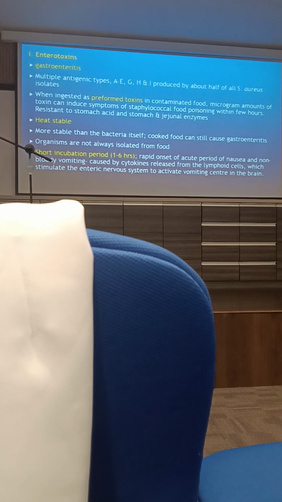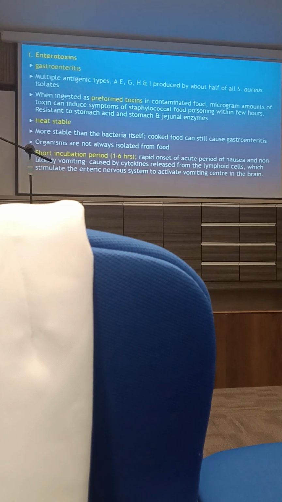But once it sits on your kitchen counter for long, the bacteria can start growing and produce toxin. So the toxin will stay even if you have cooked the food. The bacteria can be killed, but the toxin can still cause food poisoning.